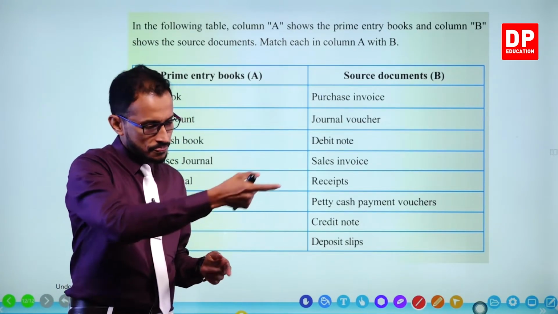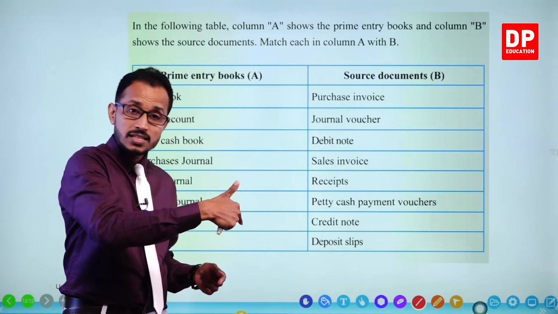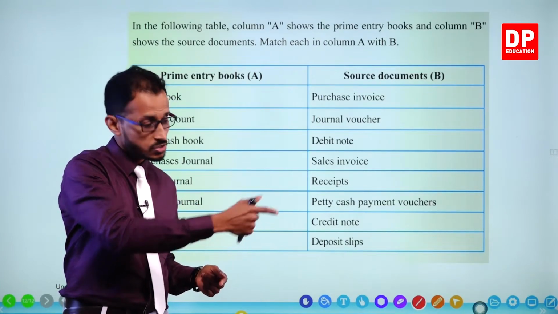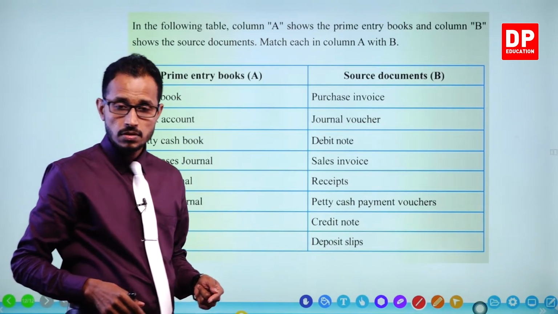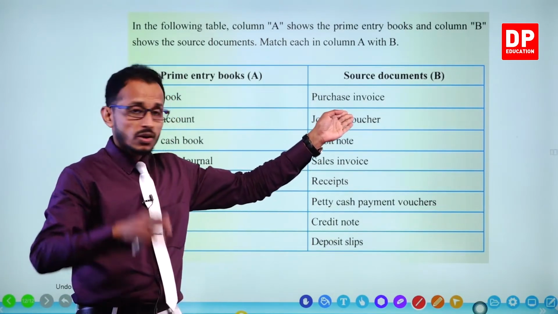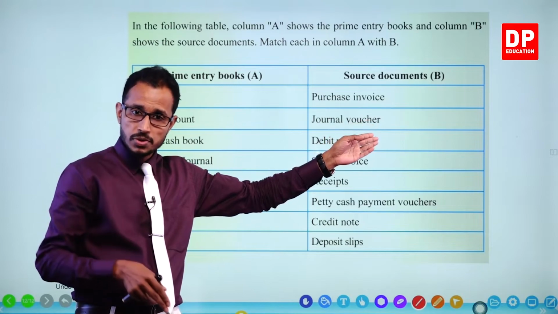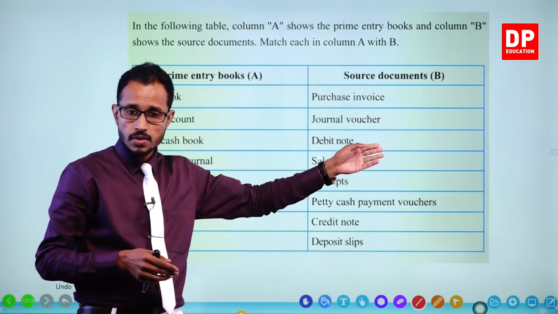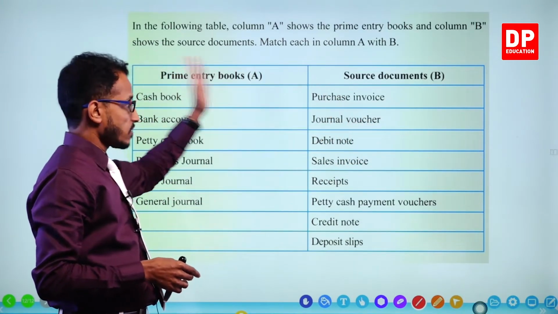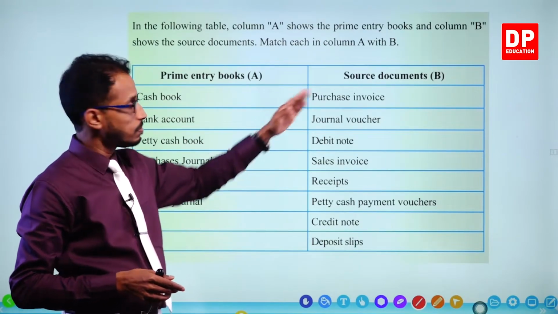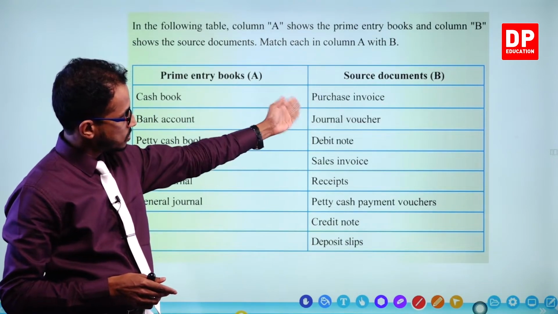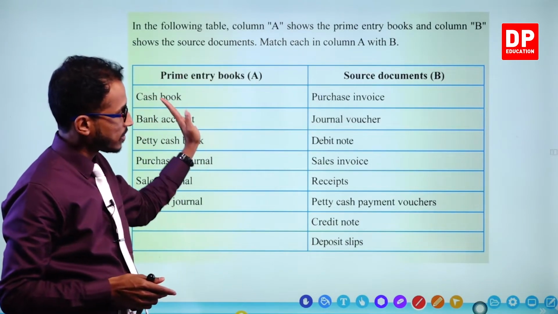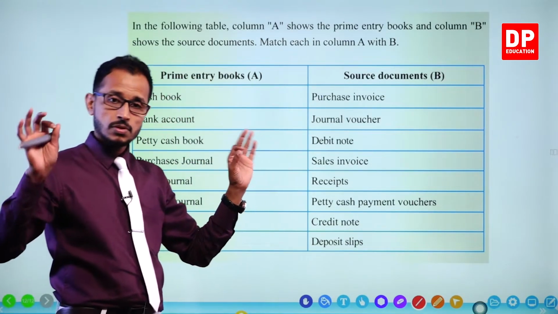Those bills are used to take the information to prime books. In that case, you should know which source document is relevant to which prime entry book.